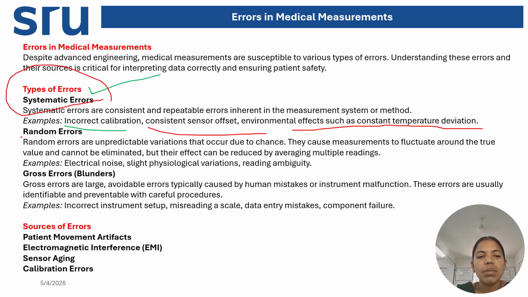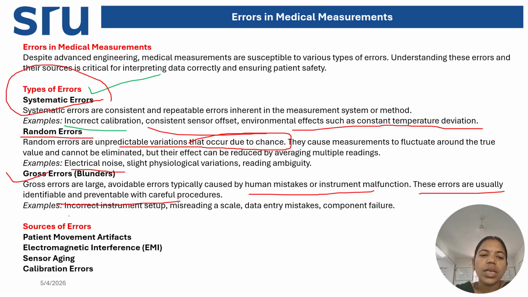Second one is the random errors. These are unpredictable variations that occur due to chance. We are unable to predict these random errors, for example, electrical noise. Third one is the gross errors, or blunders, such as human mistakes or instrument malfunction. These errors are usually avoidable and preventable with careful procedures.